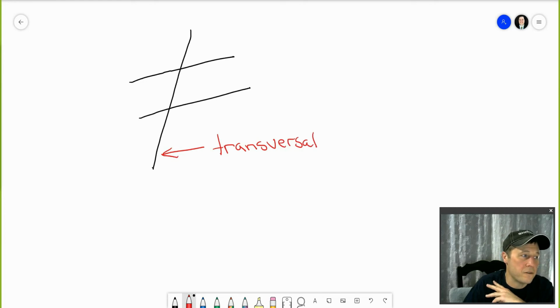You can see it intersects here and it intersects here. It's a line that intersects 2 or more lines. Very important in geometry, okay? So if you can remember this, or make sure to refer back to this video, it will be very helpful to you.